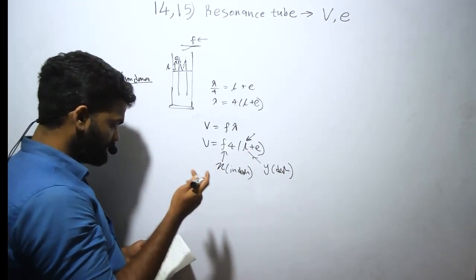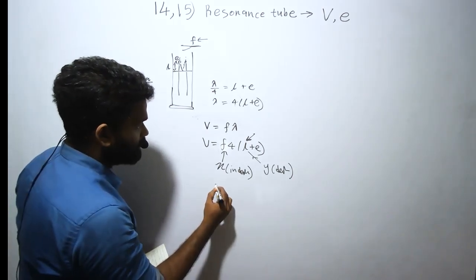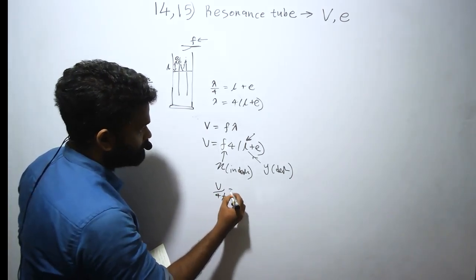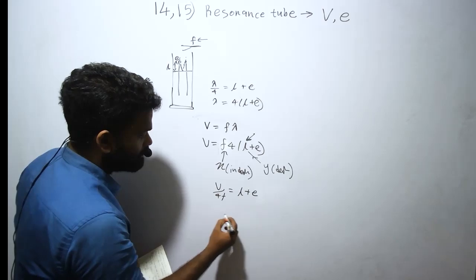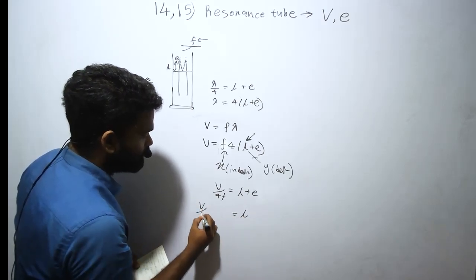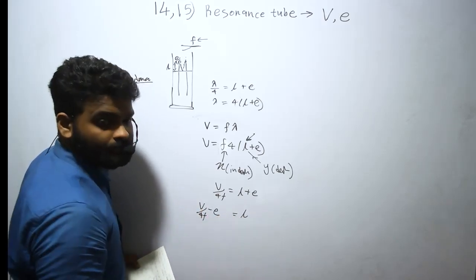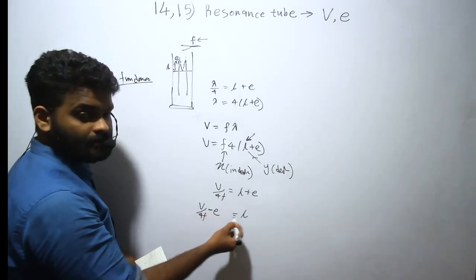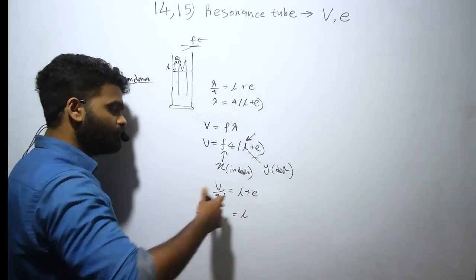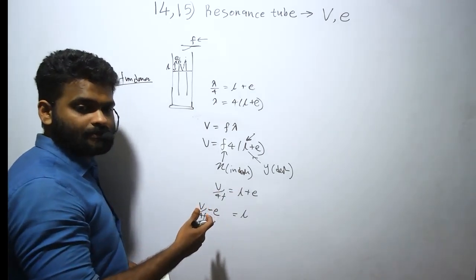When you make L the subject, you can write v over 4f equals L plus e. So L is equal to v over 4f minus e. Like that you have to make L the subject. We are forming this into y equals mx plus c.